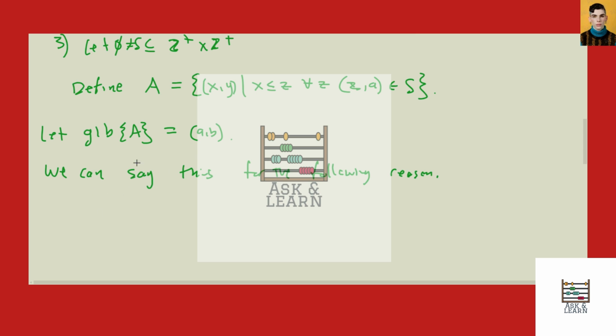Well, we already know that in our set A, all of the first positions are the same. So what that means is when we do our ordering, we need to look at the second position.